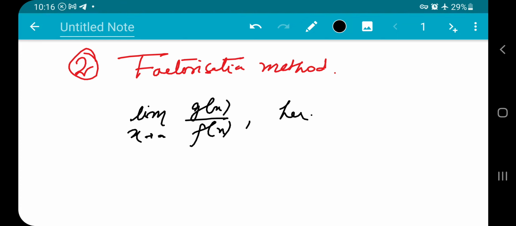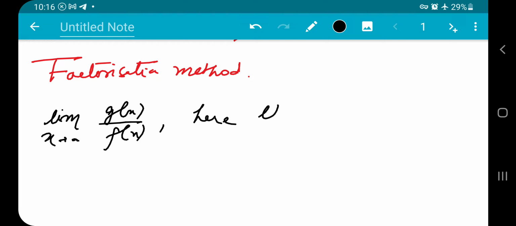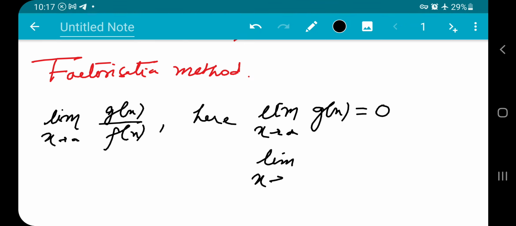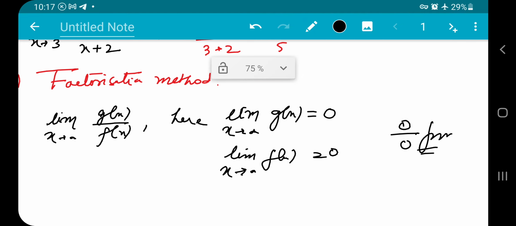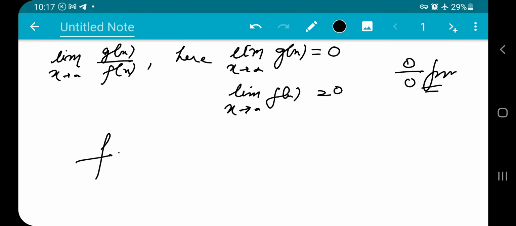Here, if we put limit x tends to a of gx, we get 0, and again limit x tends to a of fx, we are getting 0. So we are getting 0 by 0 form. At this time, we will factorize gx as well as fx.